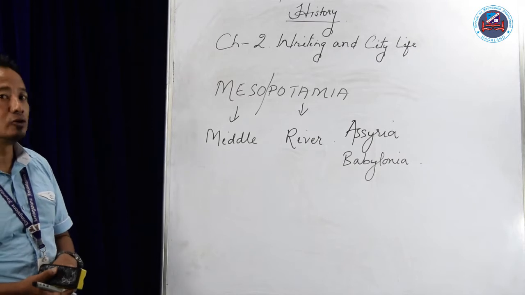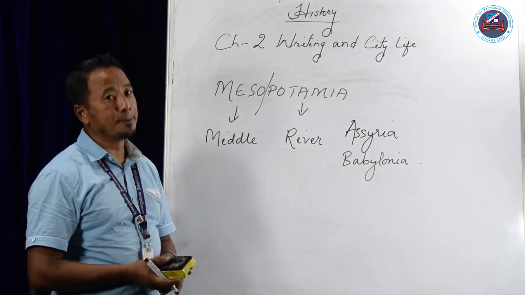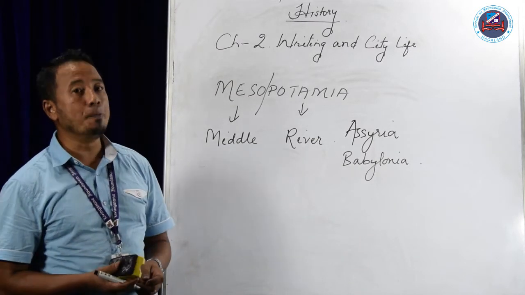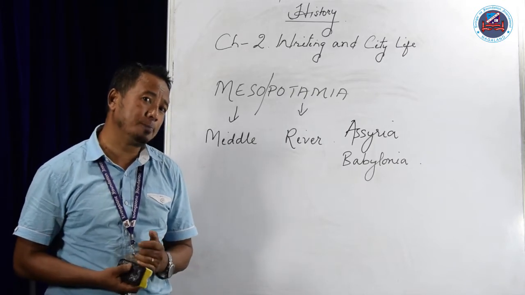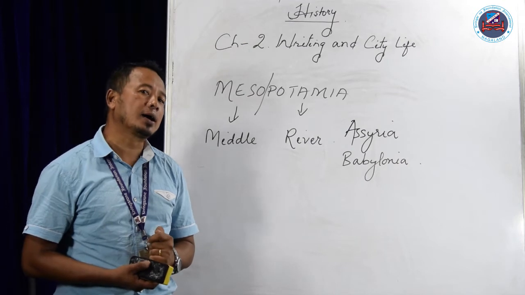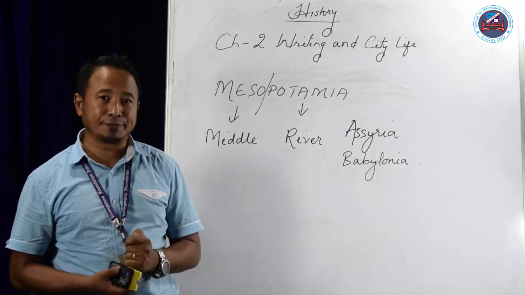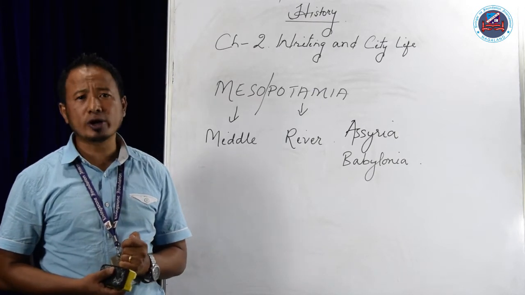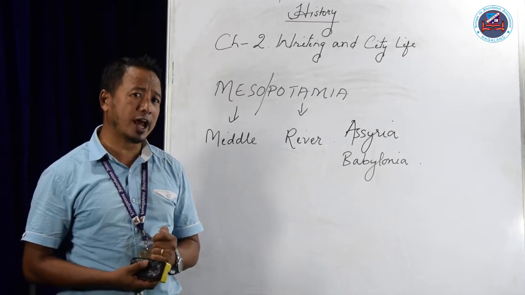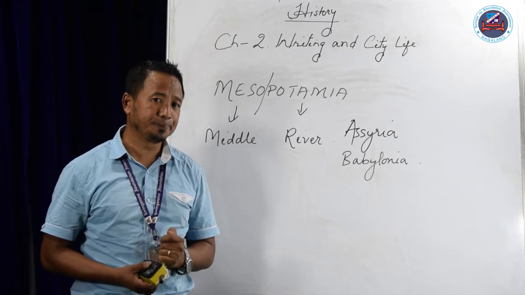The oldest language spoken here in Mesopotamia was Sumerian. But by 2400 BCE, the Akkadian-speaking people arrived in Mesopotamia. And this Akkadian language was spoken for a very long time, till the time of Alexander.